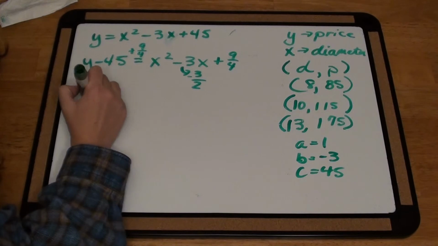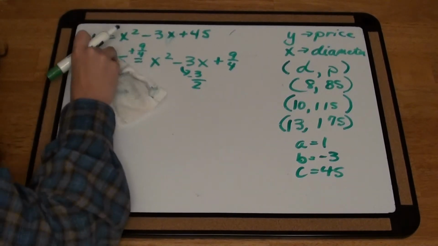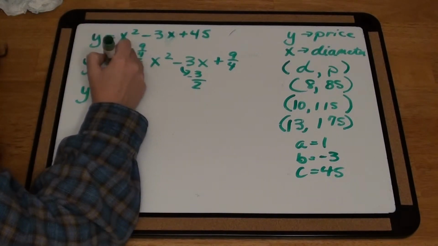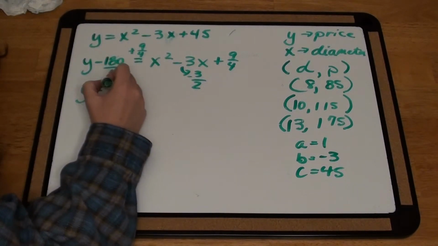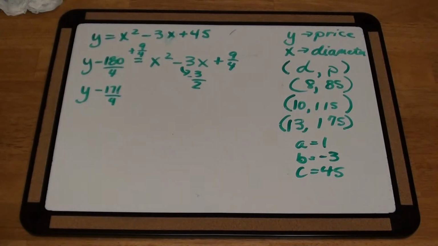Okay, so I have y, this is 45 being 180/4. So I can add them together. So I get minus 171 over 4 equals x minus 3/2 squared. Let me just make sure I'm getting this. Oh, you know what?